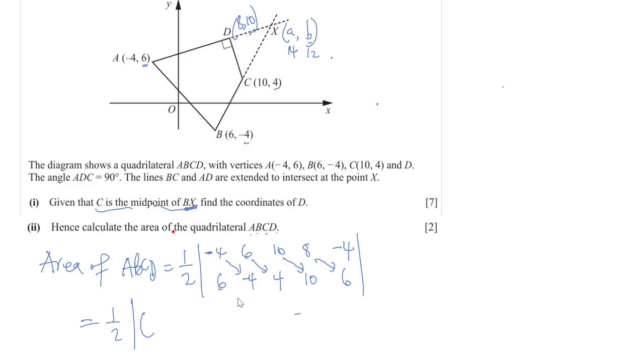Minus 4 multiply minus 4 gives you 16, plus 6 multiply 4 gives you 24, plus 10 multiply 10 giving you 100, 6 multiply 8 giving you 48, minus. Now take the product of the upward, take the sum of the upward products.